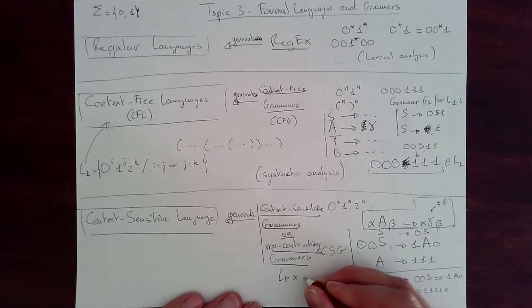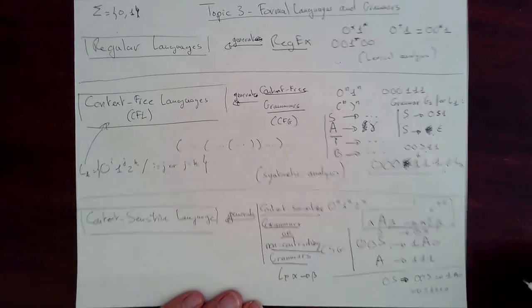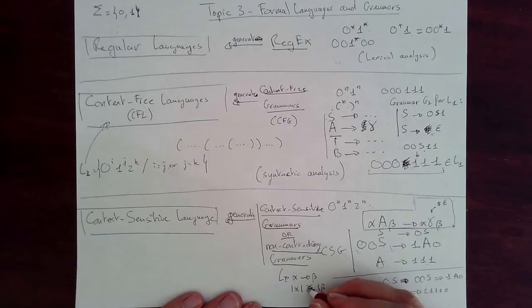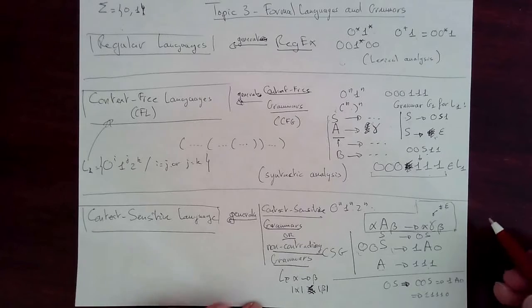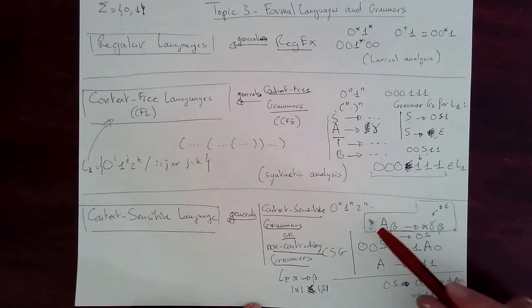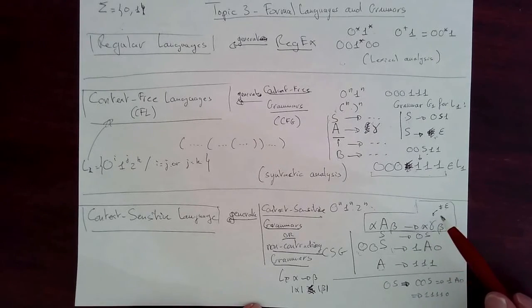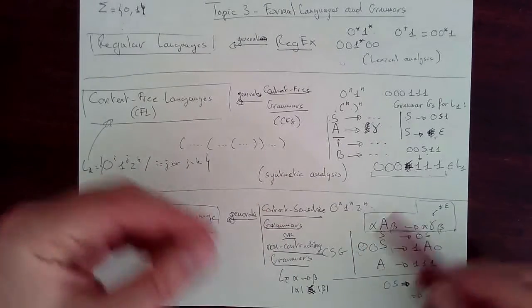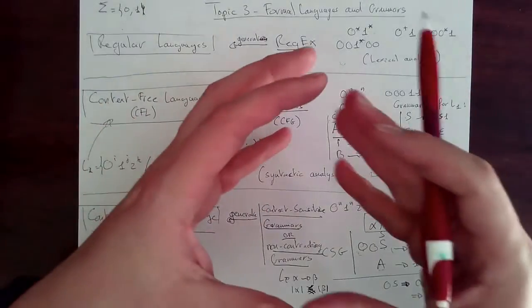You have a rule like alpha to beta, and you have to make sure that the size of alpha is less or equal to the size of beta. So beta, the right hand side, cannot be of a smaller length than alpha. That's why we say non-contracting. When you use the rule, you cannot contract.